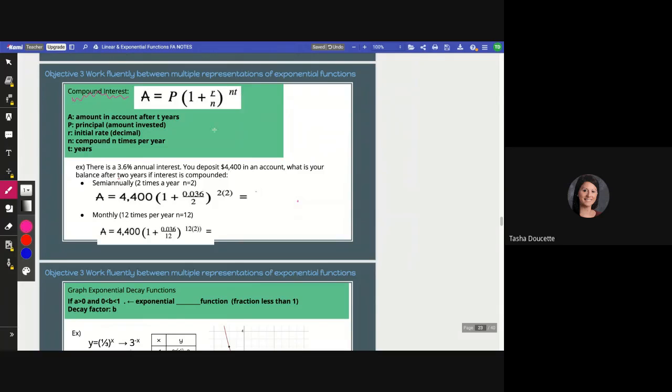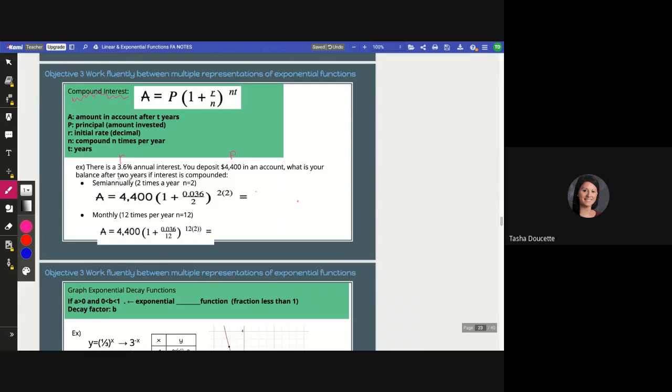Okay, so here's what we do. We're going to look at this problem. There is a 3.6% annual interest, so that 3.6% is your r, right? You deposit $4,400. That's your amount invested. You're investing that much into your account. What's your balance after 2 years if the interest is compounded?